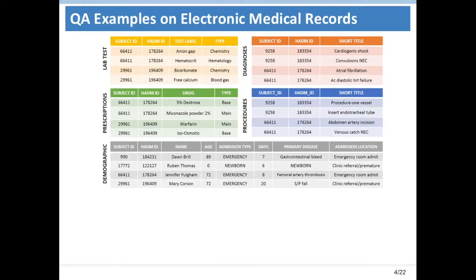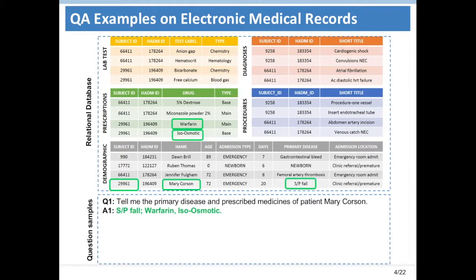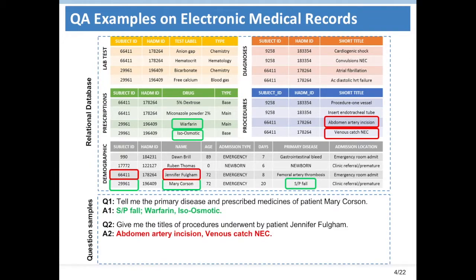Next, I will provide several question answering examples. For the given tables in EMR data, we can ask questions like, tell me the primary disease and the prescribed medicines a patient may require. We can also ask, give me the titles of procedures underwent by patient Jennifer Feldham.